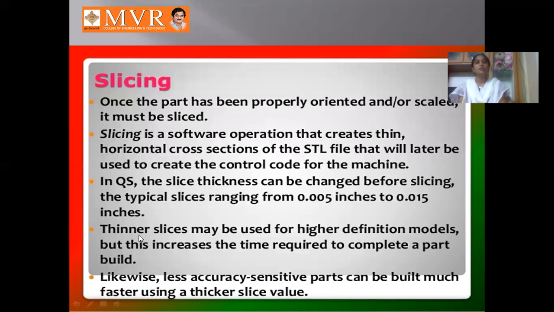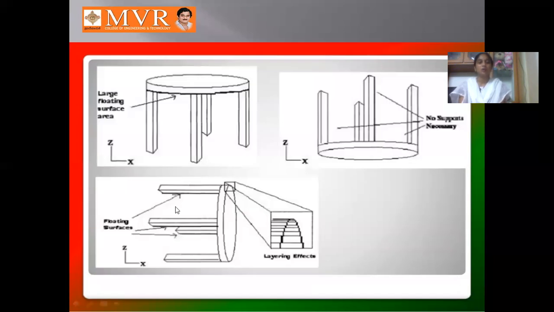Okay, and this is the slicing process which is used in the FDM process. Once the part has been properly oriented and scaled, it must be sliced. Slicing is a software operation that creates thin horizontal cross sections of the STL file that will later be used to create the control code of the machine. Means, in the previous image we have seen that this is not a supporting part.